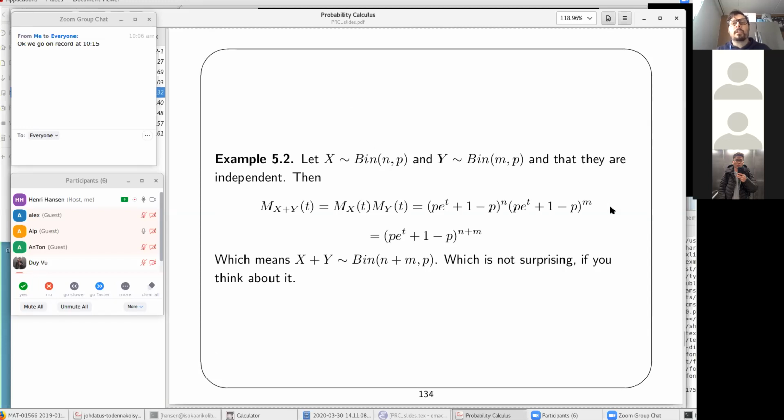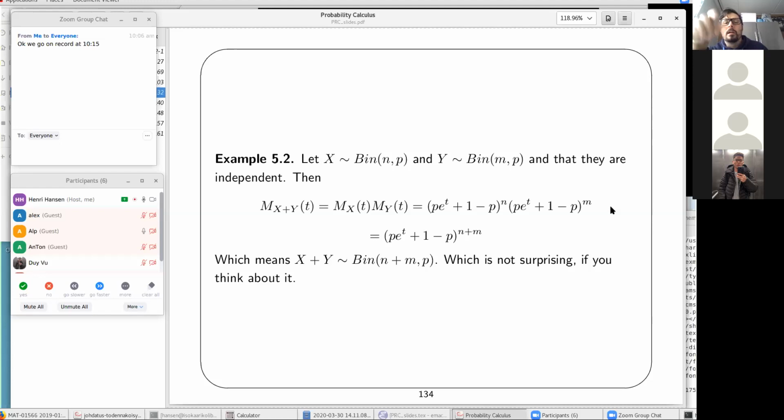So here's an example. If we have binomially distributed variables x and y, where they have the same p but a different number of repetitions, so they are grounded on a Bernoulli experiment of the same probability. We carry out x, which is repeated n times, and we carry out y, which involves repeating it m times.